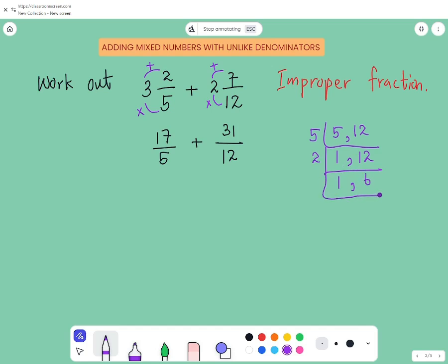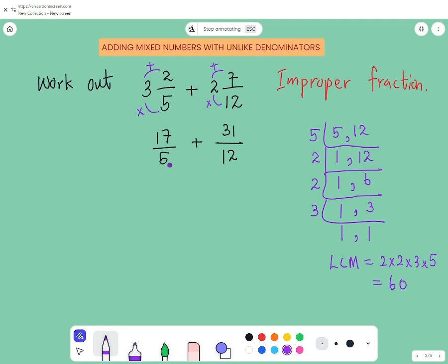6 is there, divide by 2 again, 1 continue, 6 divided by 2, that is 3. Then 3 is there, I divide by 3, so 1 continue. 3 divided by 3, that is 1. Then LCM equals 2 times 2 times 3 times 5. 2 times 2, 4. 4 times 3, 12. 12 times 5, that is 60.